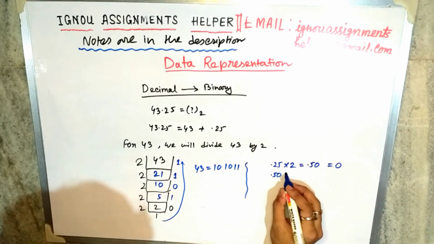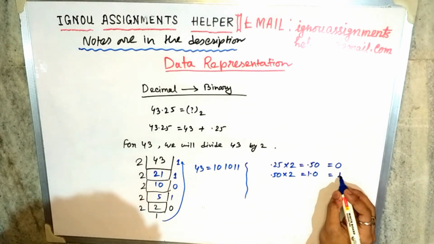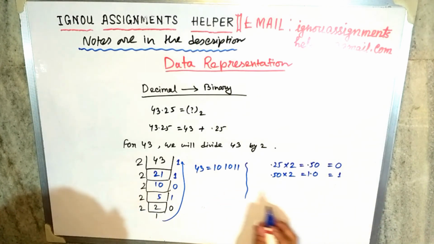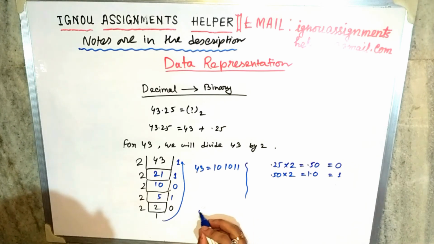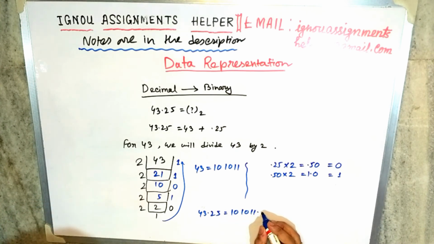Now we'll again multiply this by 2, and now we'll get 1.0, so we'll write here 1. So in binary representation 43.25 will be written like 101011.01.